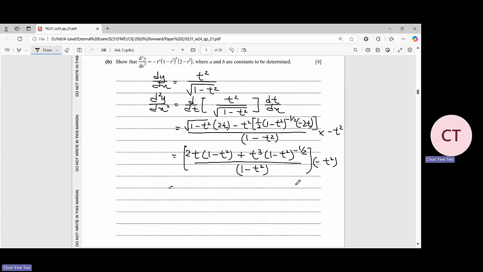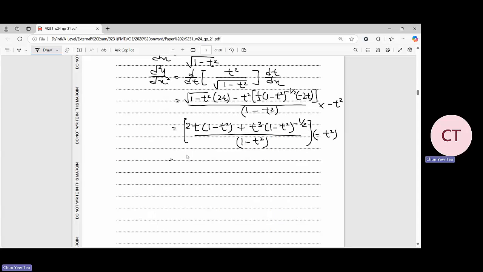Now we can try to factorize a common factor out. I factorize the t out, and the 1 minus t squared to the power negative half out. This one is a power half.